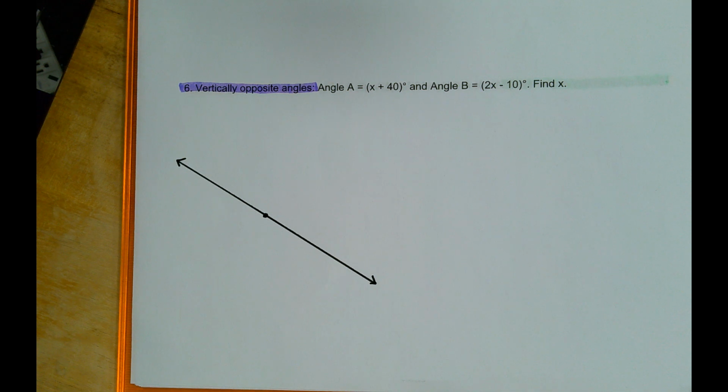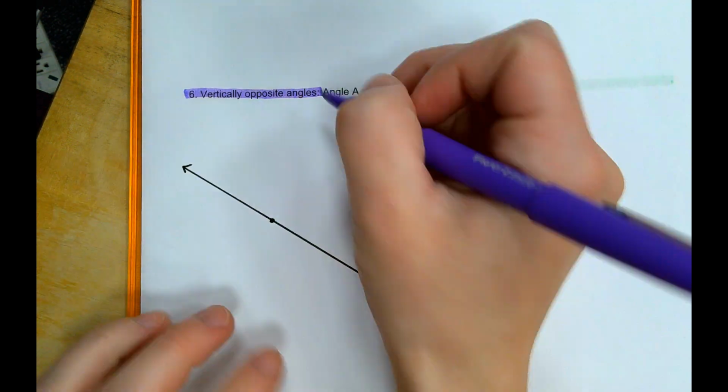Okay, so with all the other problems we've done so far, we were adding A and B together and setting it equal to something. But for vertical angles, we're doing something different. A equals B. Yes, A equals B. Vertical angles are congruent. They have the same measure.